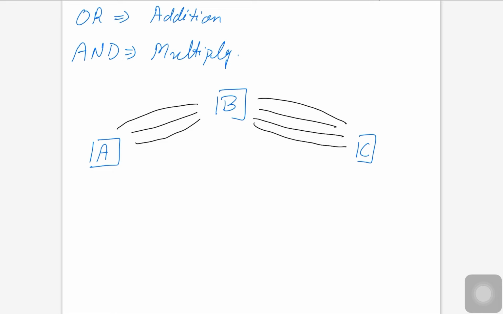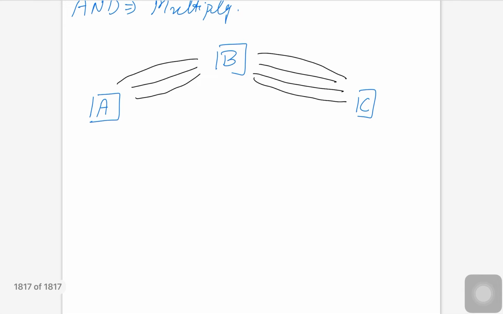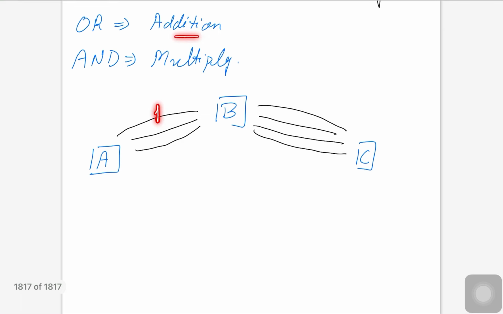In how many ways can I reach from A to C via B? So there are 3 ways from A to B: either way 1, way 2, or way 3. So it is "or", which means addition: 1 plus 1 plus 1. So there are a total of 3 ways from A to B.